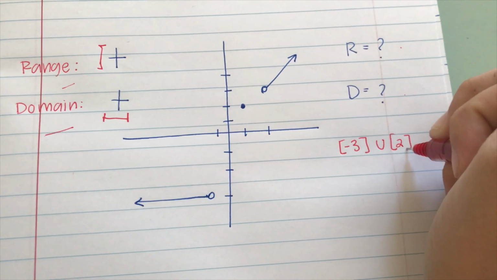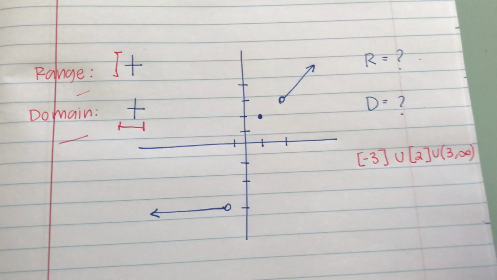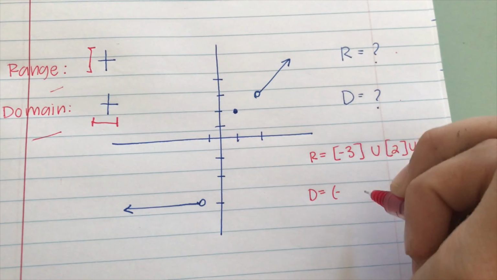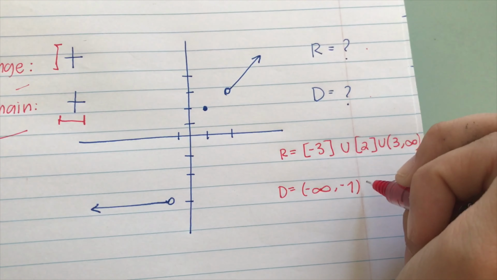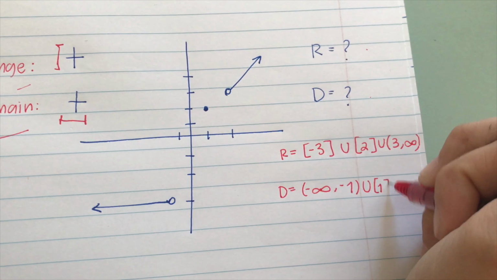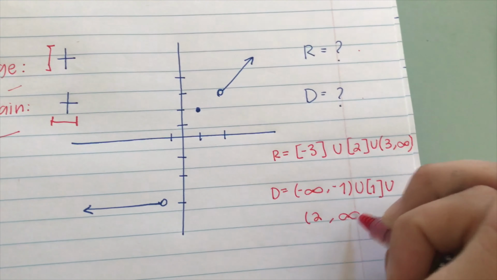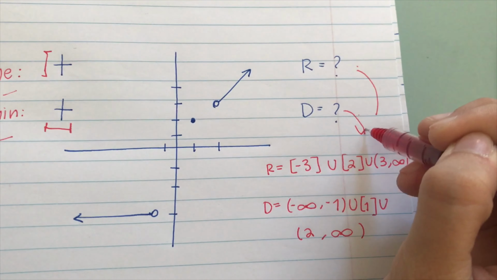And we gotta really pay attention to the circles here that remind us if it's closed or open, and if we gotta use parentheses or not. And the domain is going to be just the same, but from left to right, and it's going to be -infinite comma -1 union 1 union 2 comma infinite.